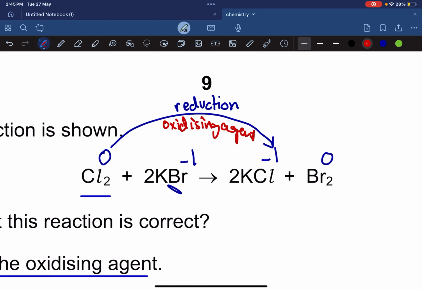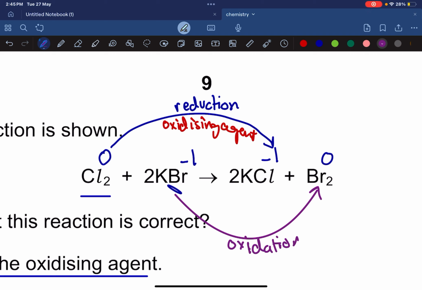Now let's figure out our bromine. Bromide ions go from -1 to 0, not a decrease, that's an increase. You are increasing, so that's going to be oxidation.